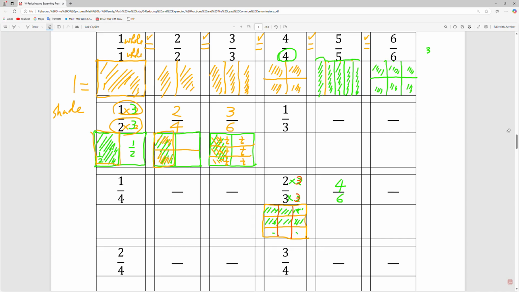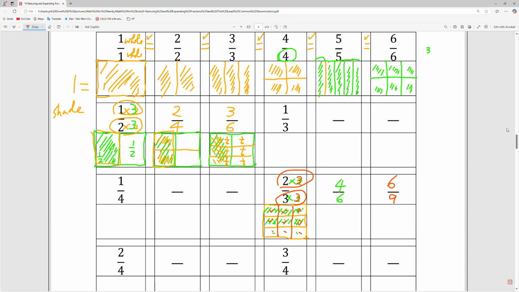So times 3, then you have 3 times 3, 9. 1, 2, 3, 4, 5, 6, 7, 8, 9. 9, and 1, 2, 3, 4, 5, 6. 6 shaded. So 2 times 3, 3 times 3.